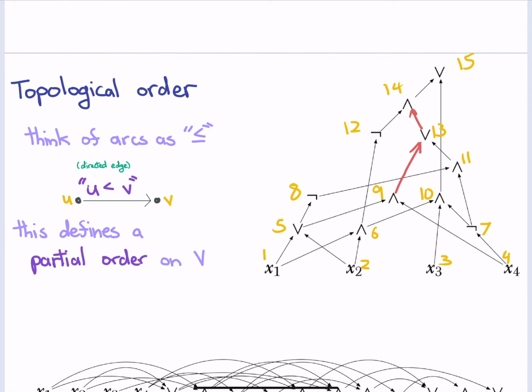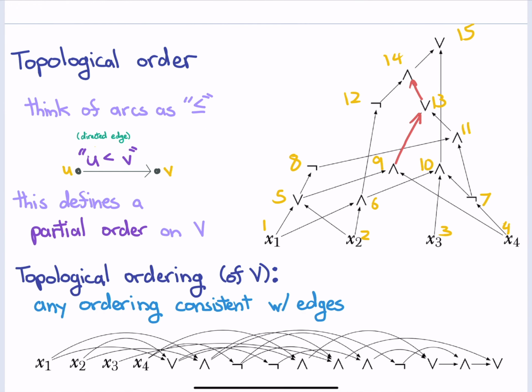So the definition of a topological ordering of V is any listing of the nodes that's consistent with interpreting these edges as less than signs. On the bottom, there's a topological listing of all these nodes of the circuit.